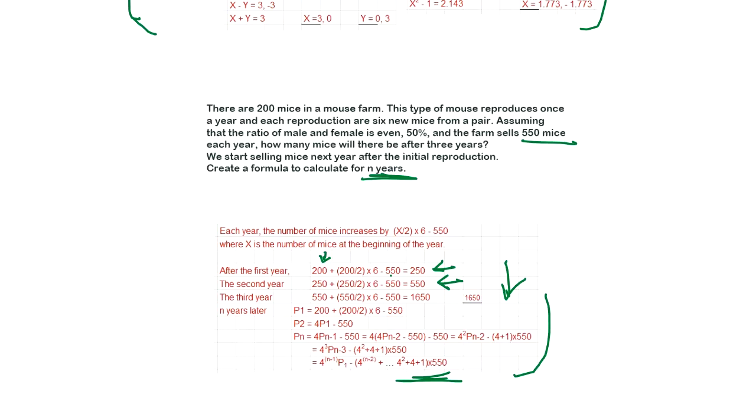But later you have to factor in some mice will die for various reasons, so we have to deduct some more. 550 sold and minus some mice, and the amount of mice that die for various reasons depends on the total number of mice.